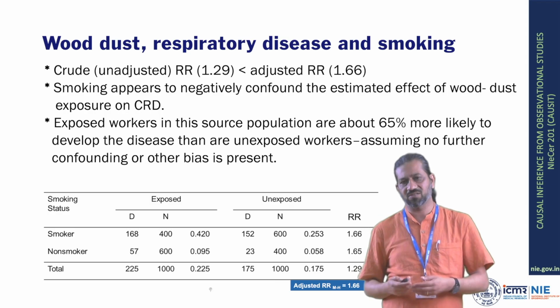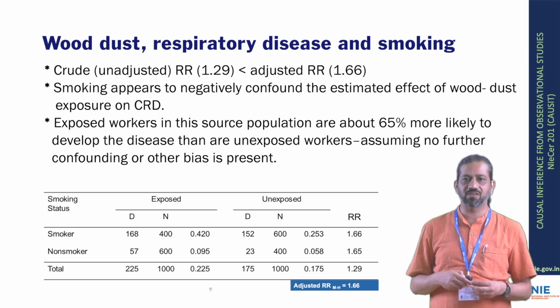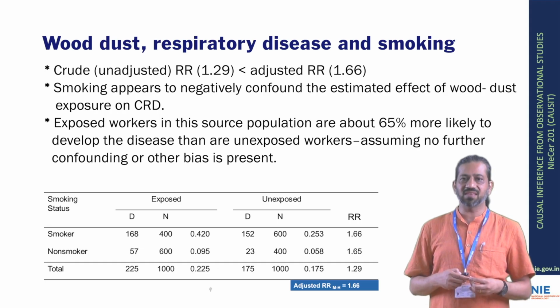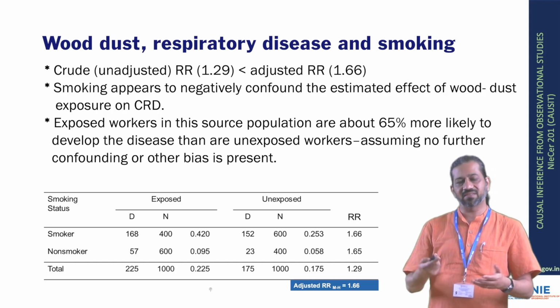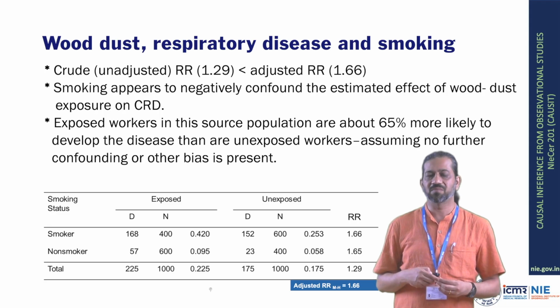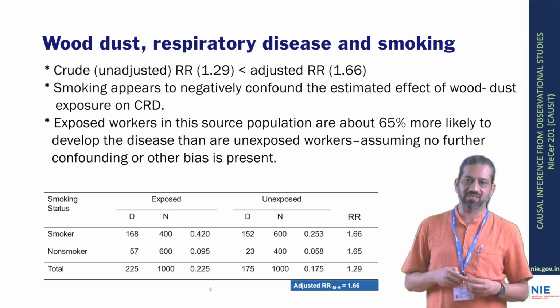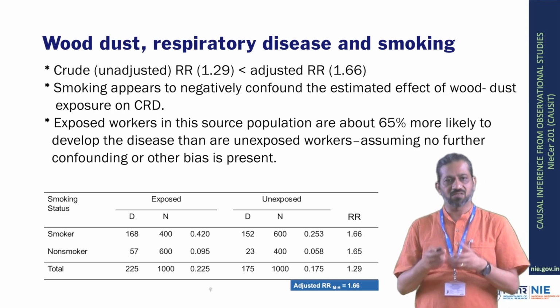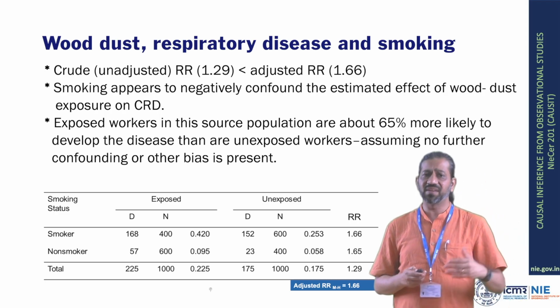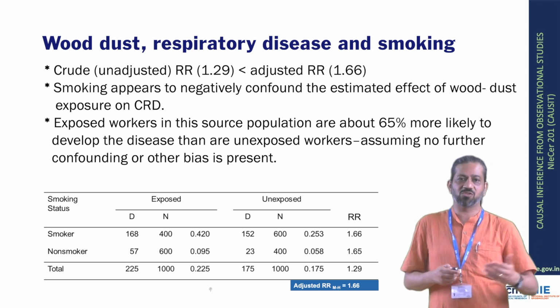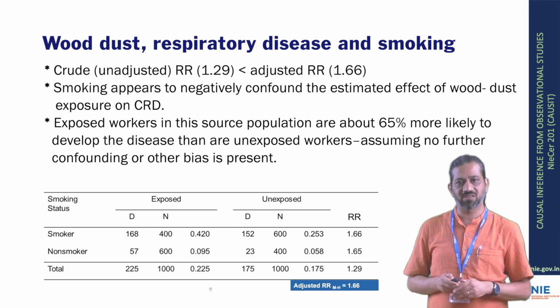So the authors calculated the adjusted risk ratio, which was also 1.66. And then we can see that the crude or the unadjusted risk ratio is lower than the adjusted risk ratio, which is 1.66. Hence, we can say that smoking appears to negatively confound the effect of wood dust exposure on chronic respiratory disease.